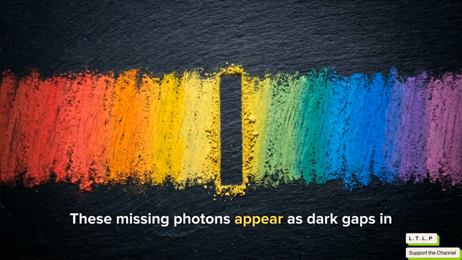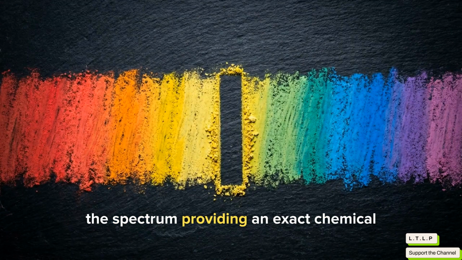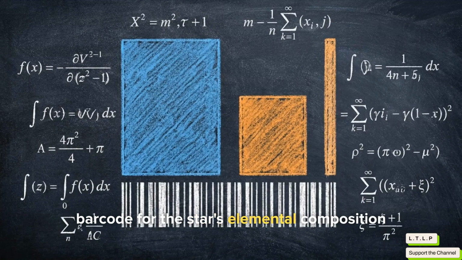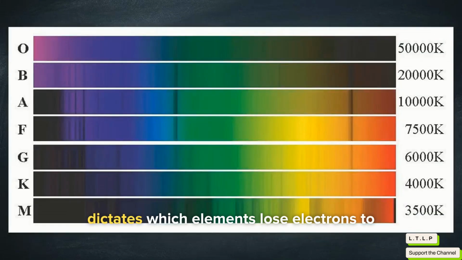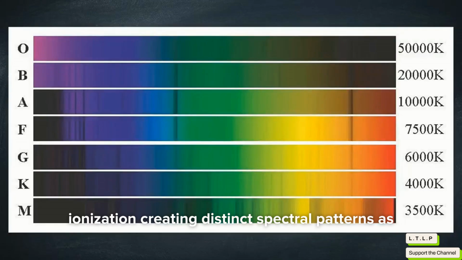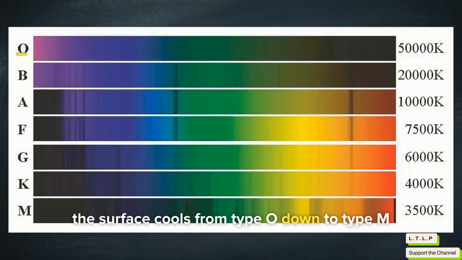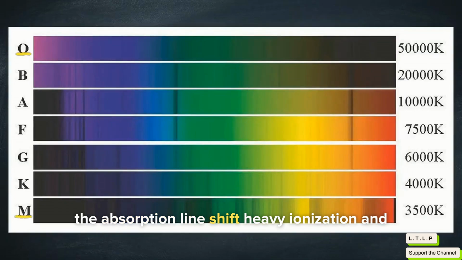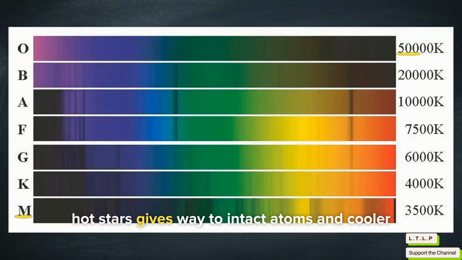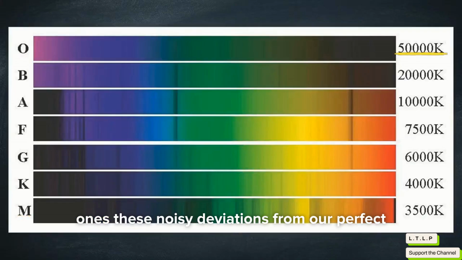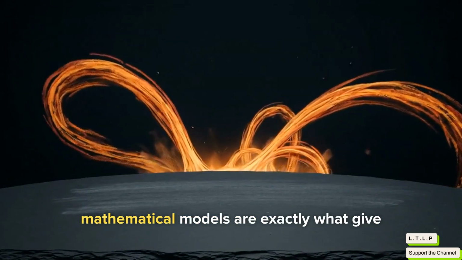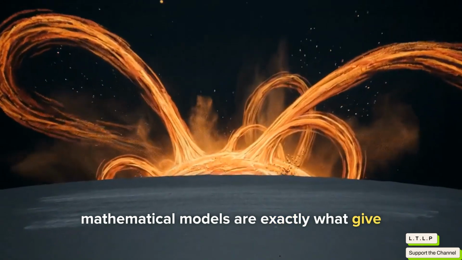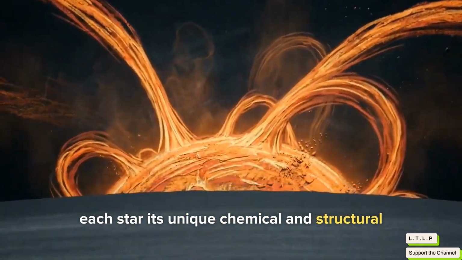These missing photons appear as dark gaps in the spectrum, providing an exact chemical barcode for the star's elemental composition, primarily hydrogen, helium, and traces of heavier metals. The star's surface temperature dictates which elements lose electrons to ionization, creating distinct spectral patterns. As the surface cools from type O down to type M, the absorption lines shift. Heavy ionization in hot stars gives way to intact atoms in cooler ones. These noisy deviations from our perfect mathematical models are exactly what give each star its unique chemical and structural identity.